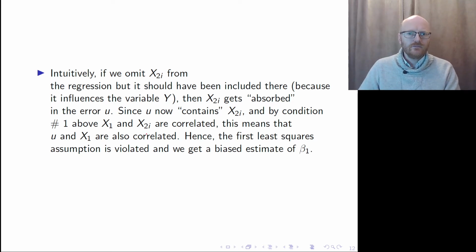And because x1 and x2 are correlated, this means that the population residual and x1 are also correlated, which means that the first least squares assumption is violated, and we will get a biased estimate of beta 1.